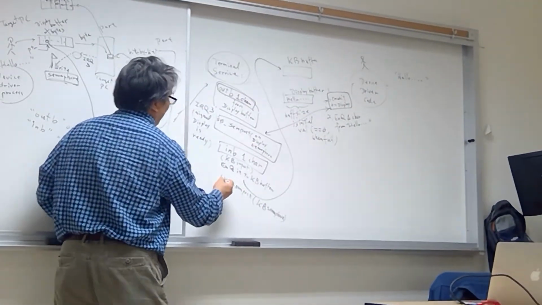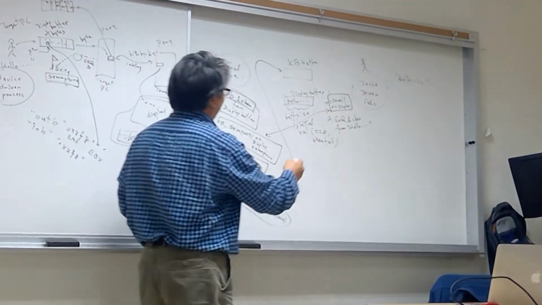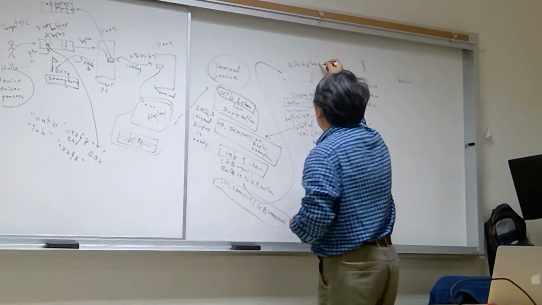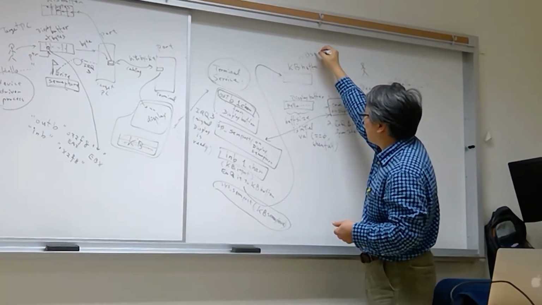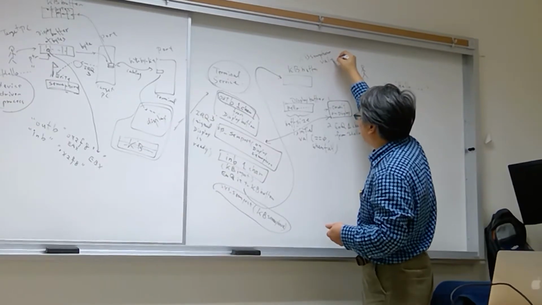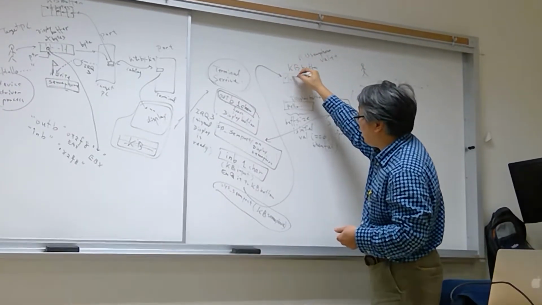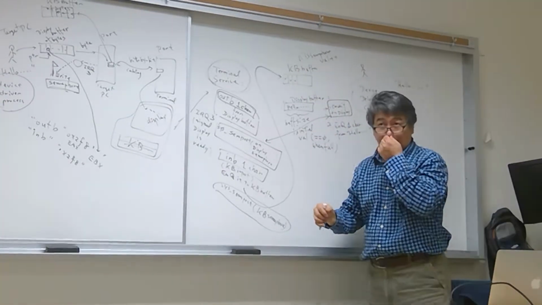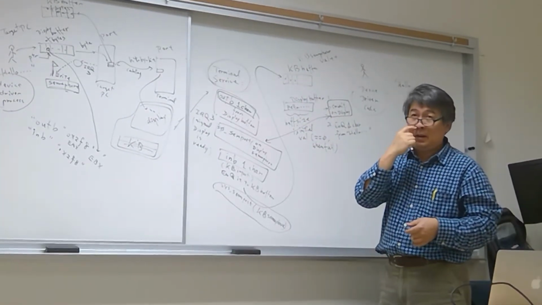So the keyboard semaphore is posted and the value will be incremented. That indicates how many characters have been typed in. Right?